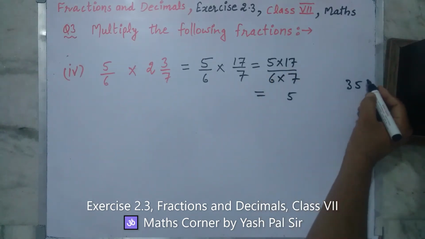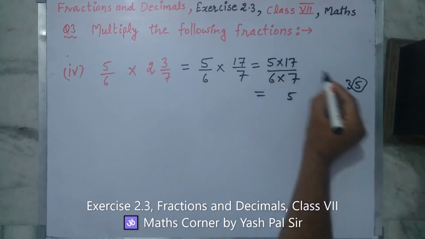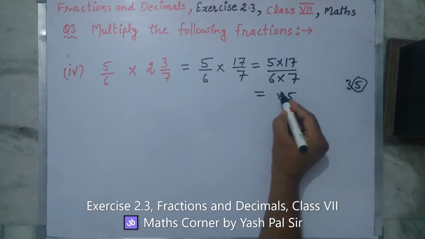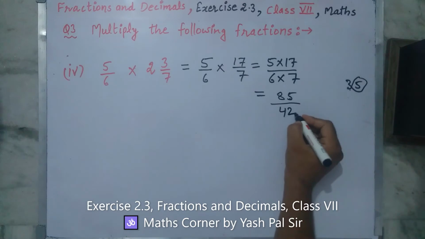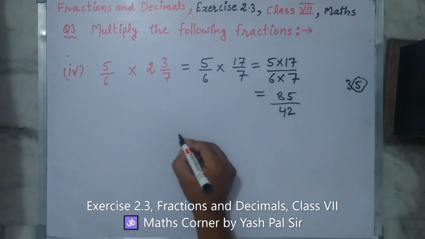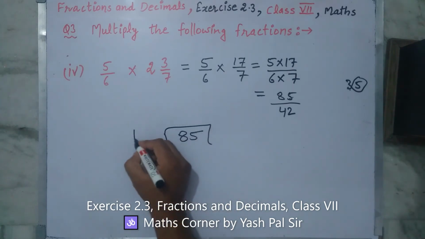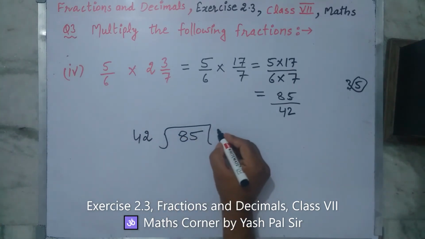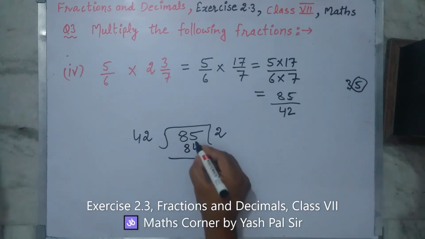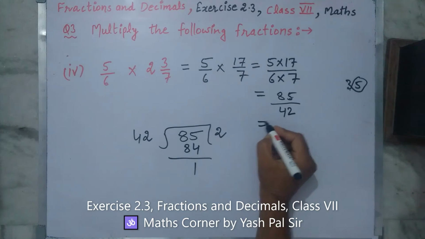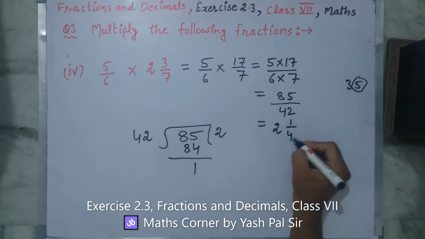Out of 35, we write this 5 here. 5 into 1, 5. 5 plus 3, 8. Divided by 6 into 7, 42. Again 85 is greater, so we divide 85 by 42. 42 into 2, 84. 1 is the remainder. So what is the answer? 2 and 1 by 42.